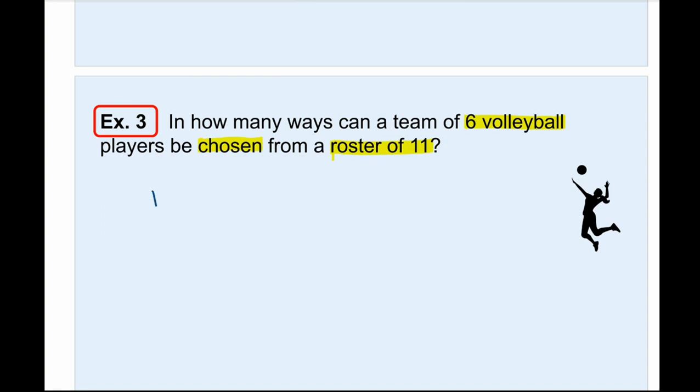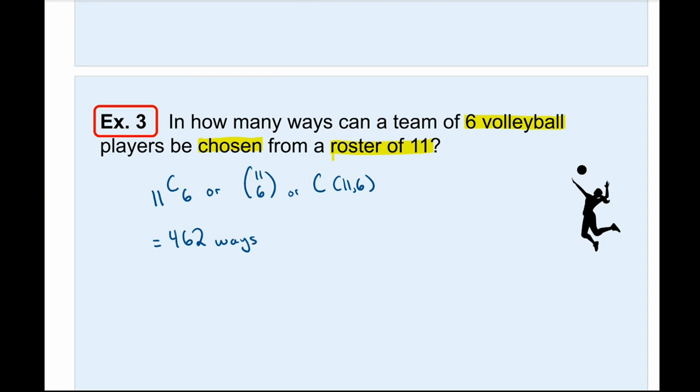In this case, I have 11 players and I'm choosing 6 of them, so 11C6, or I could write this as C and then 11, 6. Again, all different ways that are fine. And I have 462 ways.